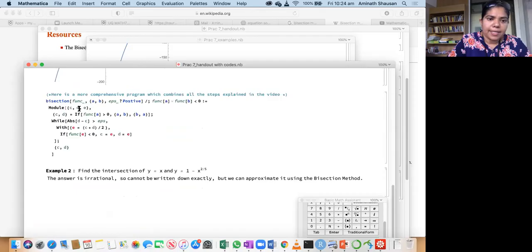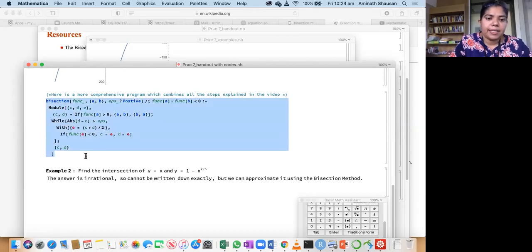But there is a very simple and elegant code which can combine all of the above steps. I will also give this code to you when I update the notebook. That's all you really need.